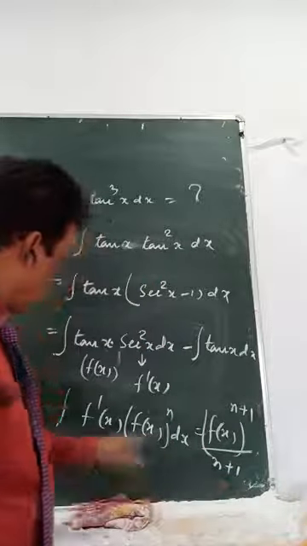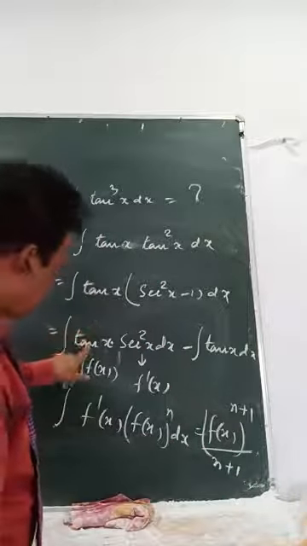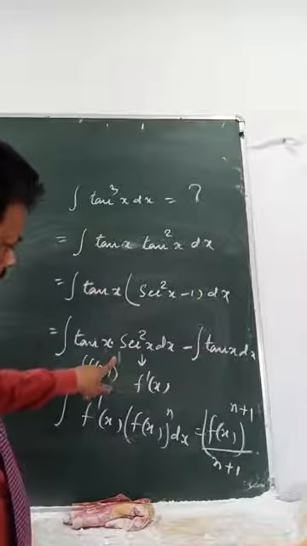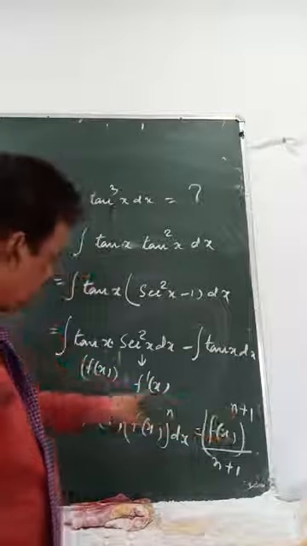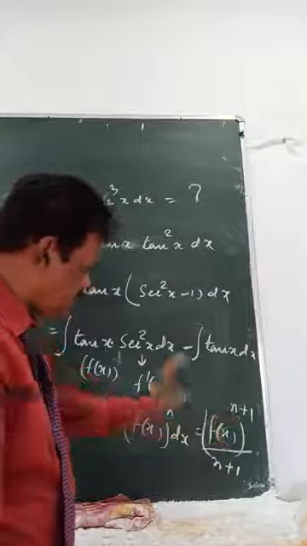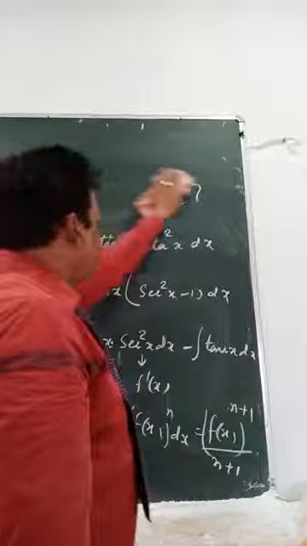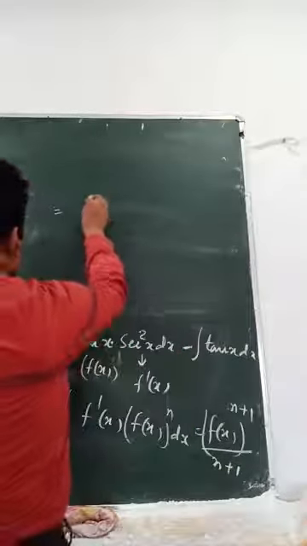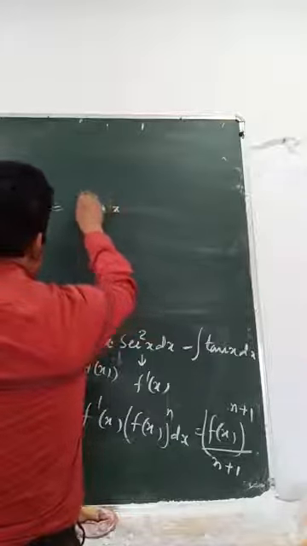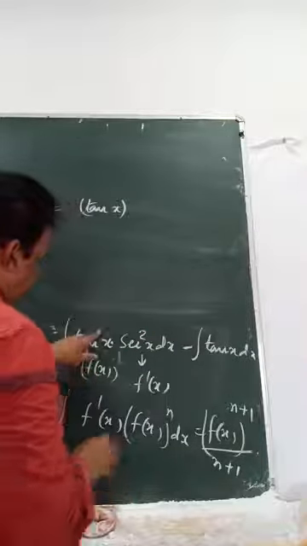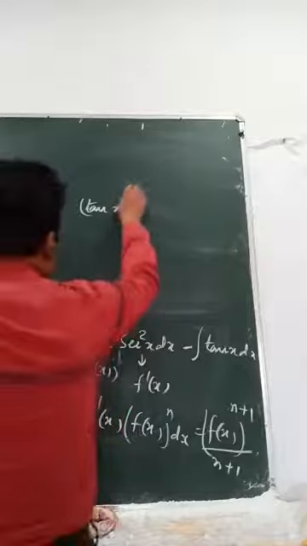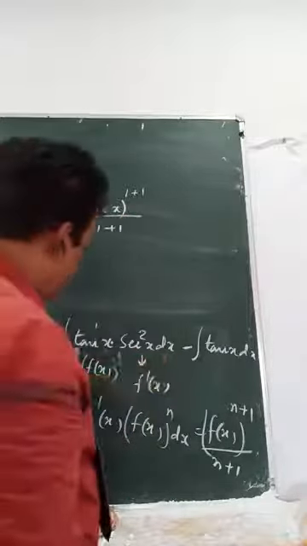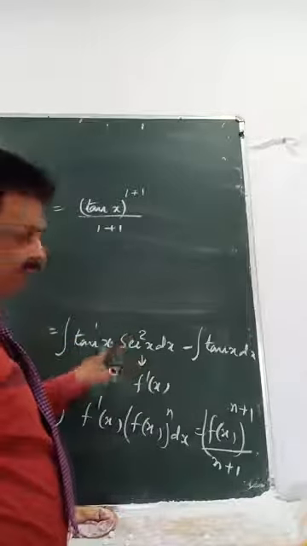That means tan x's derivative is sec square, so this will be your function whose power is 1. So n is 1 here, so this will be n plus 1 by n plus 1. So you can write tan x, its power is 1, 1 plus 1 by 1 plus 1. This part is over, because f x, f dash x.